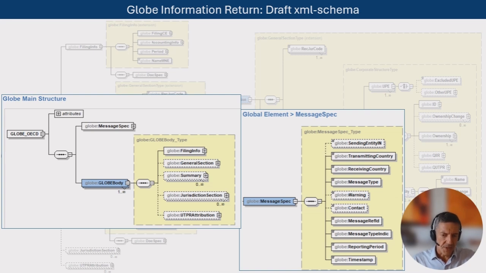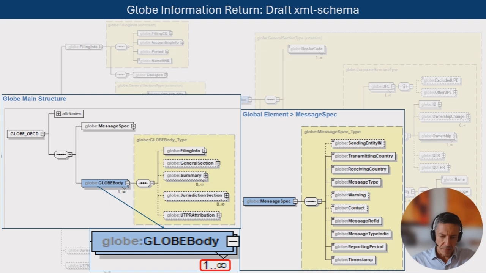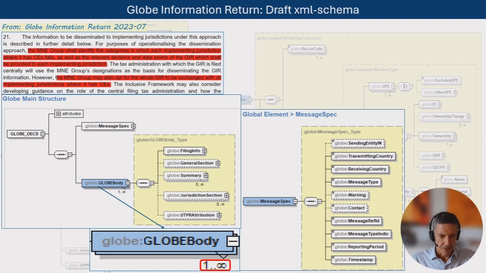What is worrisome, and what made me cry a bit, was this, the GloBE body, and then you see this funny 1 to infinity, right? What the 1 to infinity means is there's not only one GloBE body in this return, there are multiple of them. And we've been warned, this comes from the GloBE information return document that I published July last year about what the return is going to look like.